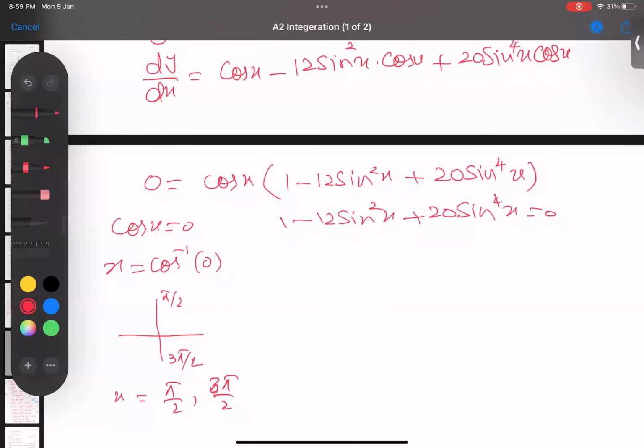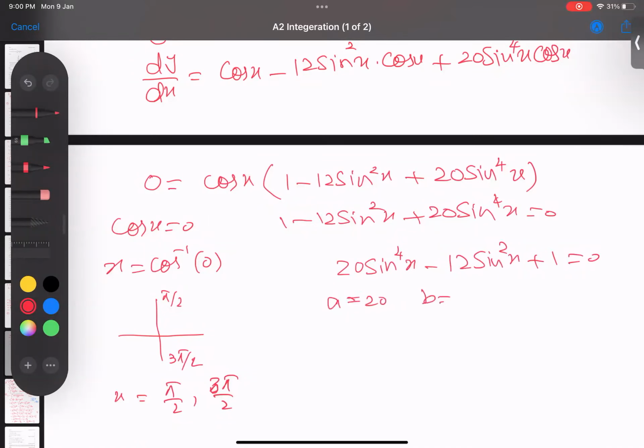Here, let's apply the quadratic formula. Let me arrange first because some students will get an issue otherwise. 20 sine to the power 4 x right before, minus 12 sine square, and plus 1 at the end. A is what? 20.